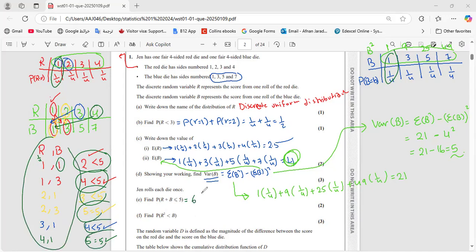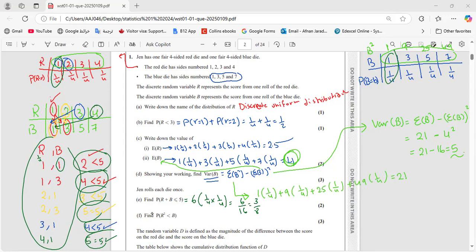So 6 multiplied by 1 over 4 times 1 over 4, which equals 6 divided by 16, and in simplest form, dividing each by 2, 3 over 8, the final answer. So in detail, 6 multiplied by 1 over 4 times 1 over 4 equals 3 over 8.